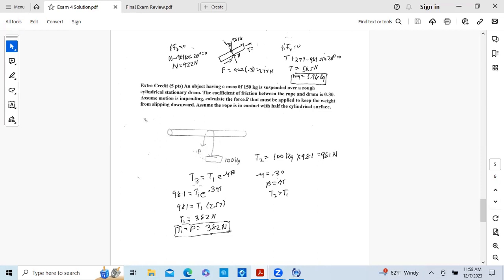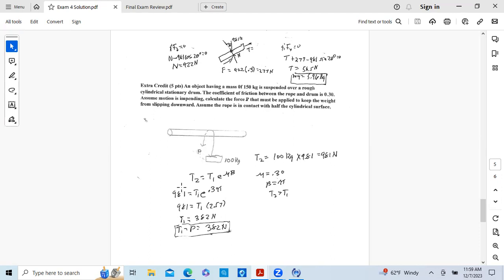So the equation is T2 is equal to T1 e to the power of mu beta. Mu is the coefficient of friction. e is the base of the natural logarithm, equal to 2.718. And beta is the contact angle in radians. There are 2 pi radians in 360 degrees. This is in contact with half of the cylindrical surface, so beta is pi radians.